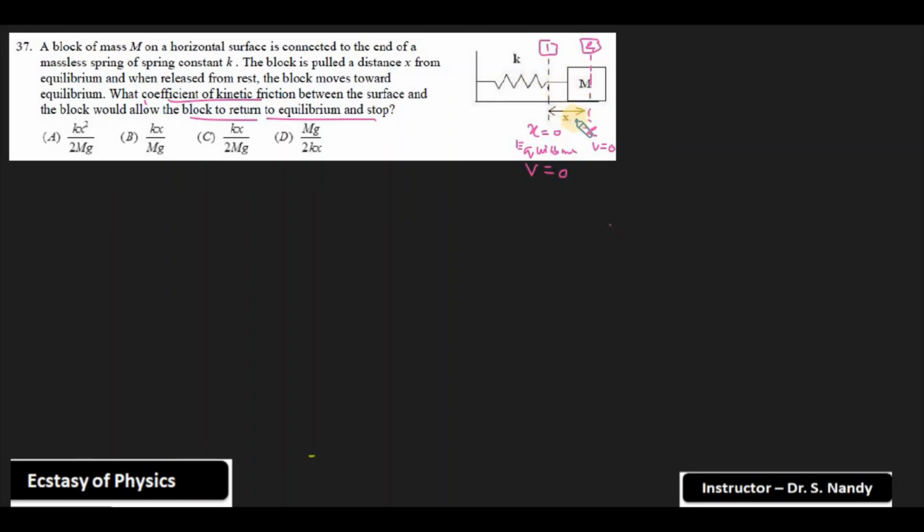Due to this, whenever it comes back to the initial or equilibrium position, its velocity is 0, which means the kinetic energy is also 0, and since there is no displacement, there will be no spring potential energy. So from there we can say at position 2, the spring potential energy should be equal to the work done by friction.